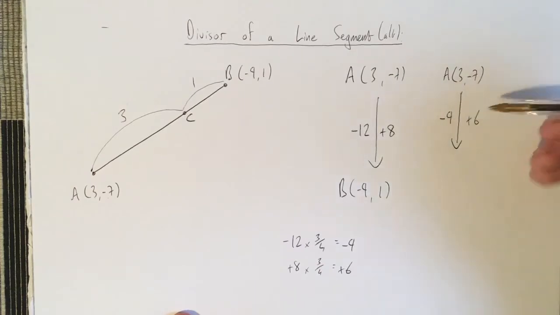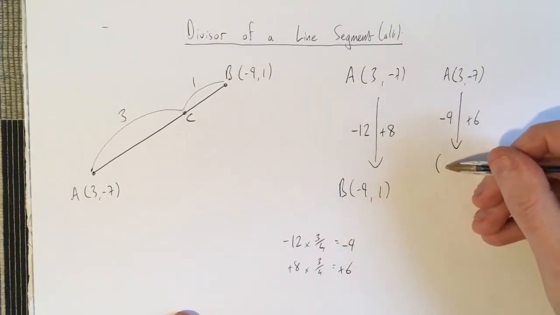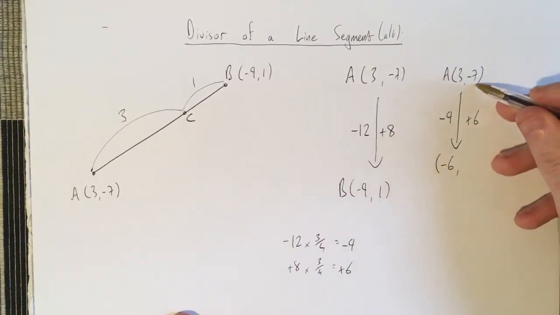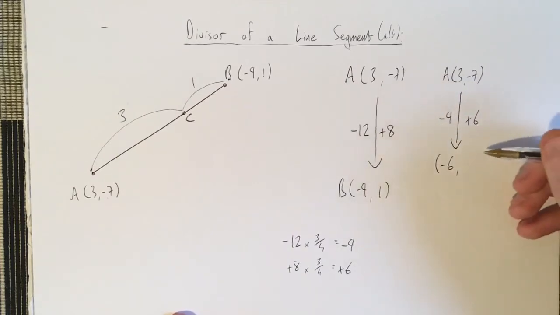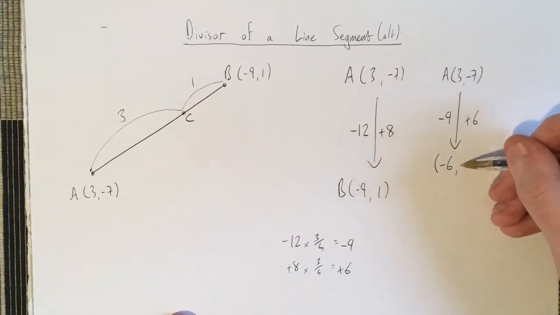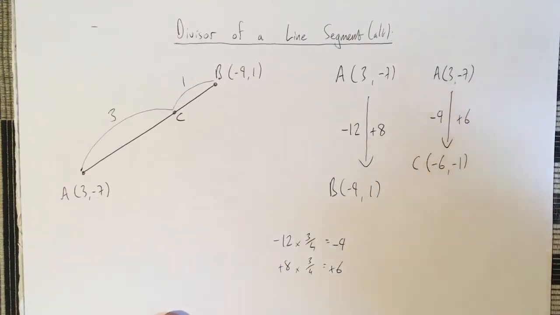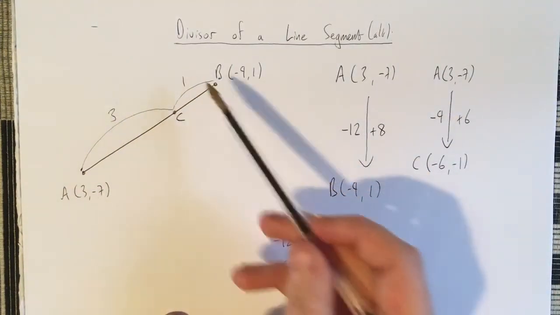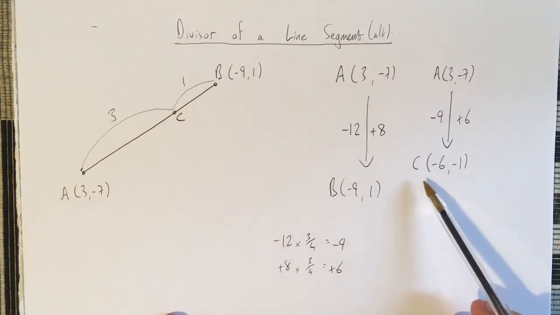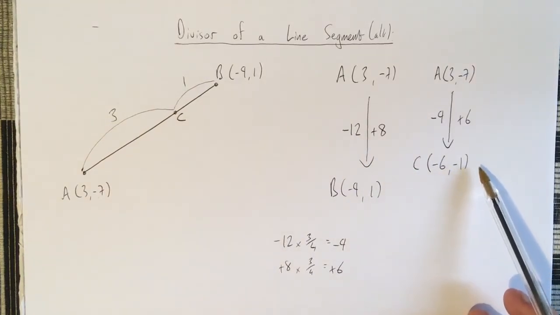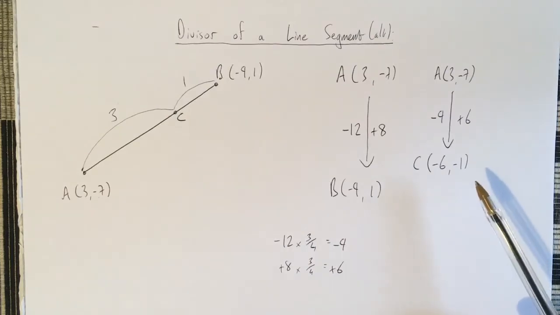So 3 minus 9, that's -6, -7 plus 6, that is -1. All right, so the point C, the point which divides this in the ratio 3 to 1, is (-6, -1). All right, so the same answer we got using the formula, but done here using translations.